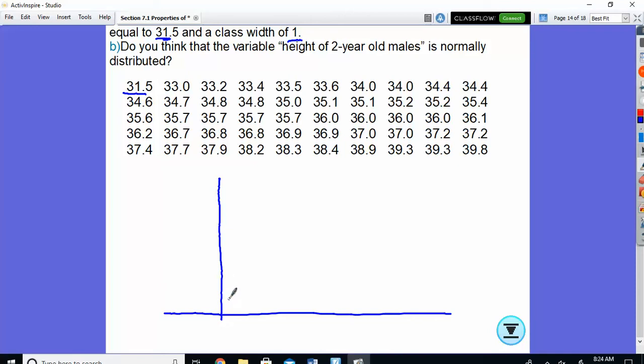If you were doing frequency, you would label it with just a 1. If I said relative frequency, what would you have to do? Divide it by how many do we have? 50. So if you take 1 over 50, what do you get? 0.02. Alright.